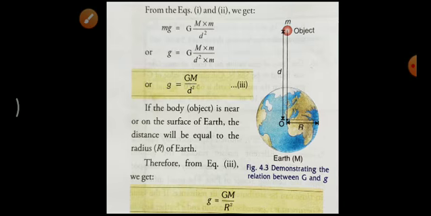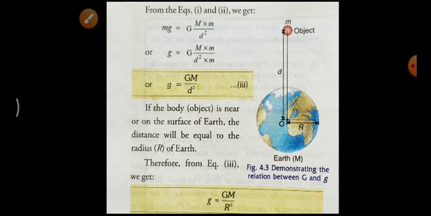Then from equations 1 and 2, what do we get? If we put the value of F in equation 1, we get m g equals G M m divided by d square. So g is equal to, taking the mass m to the right hand side, G M m divided by d square into m.